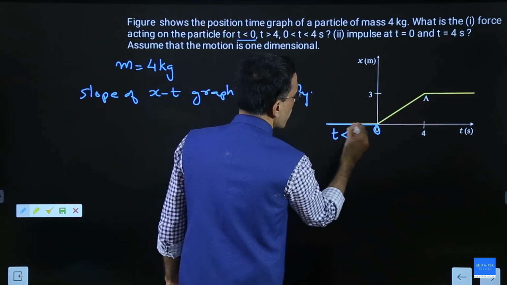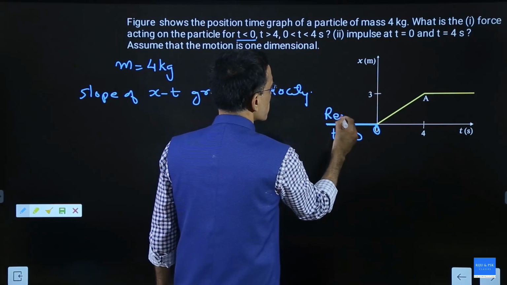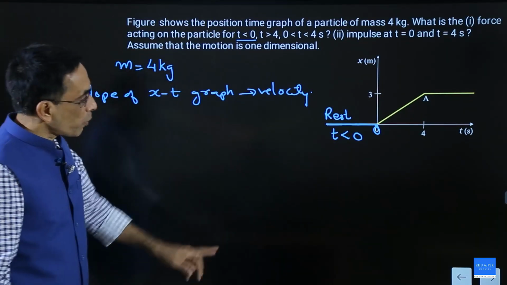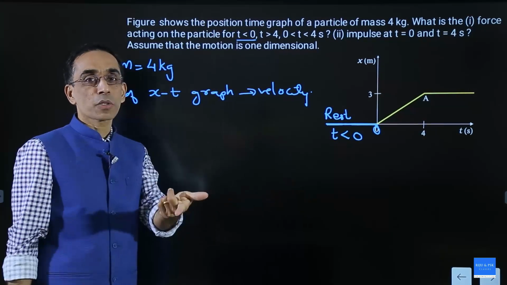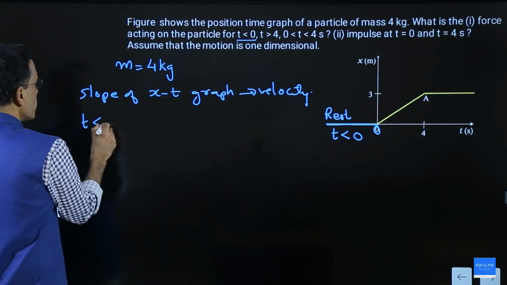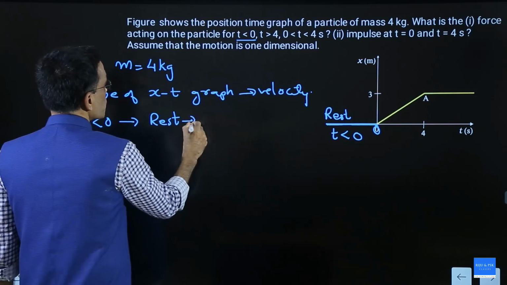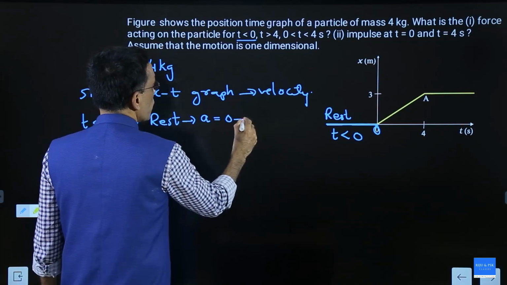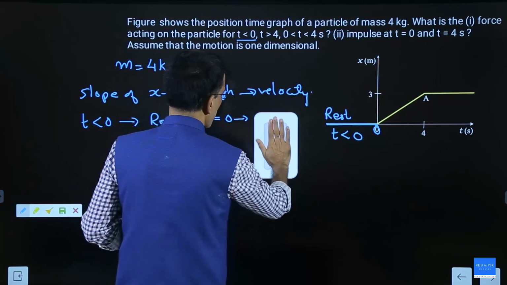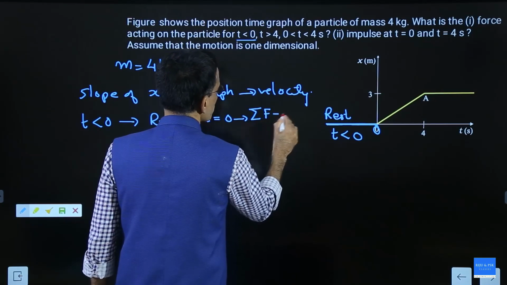Okay. Now we can see that this represents a body at rest. When a body is at rest, acceleration is 0, force acting is 0. So we can say for t less than 0, body is at rest, so acceleration equal to 0, which implies that the force acting is 0. That means the total force, the net force, written as sigma F, equal to 0.